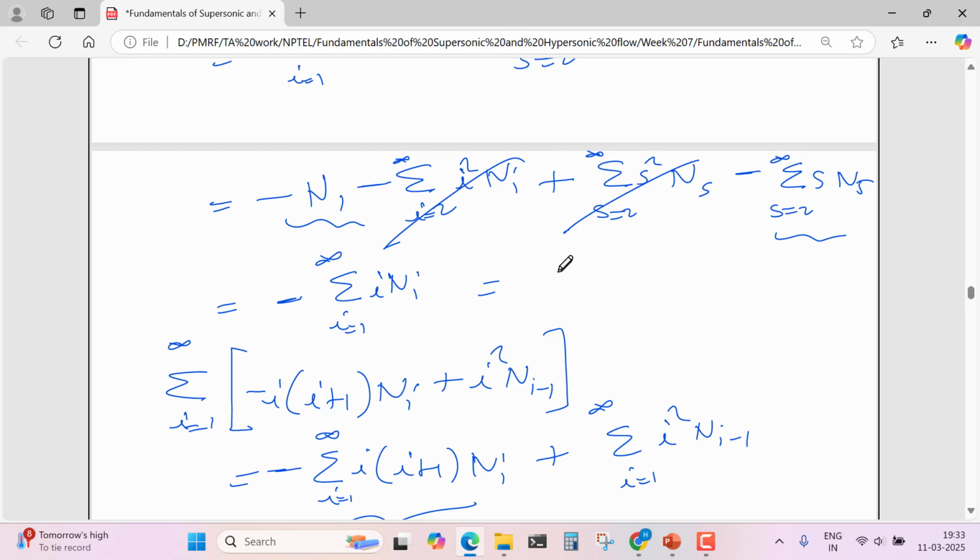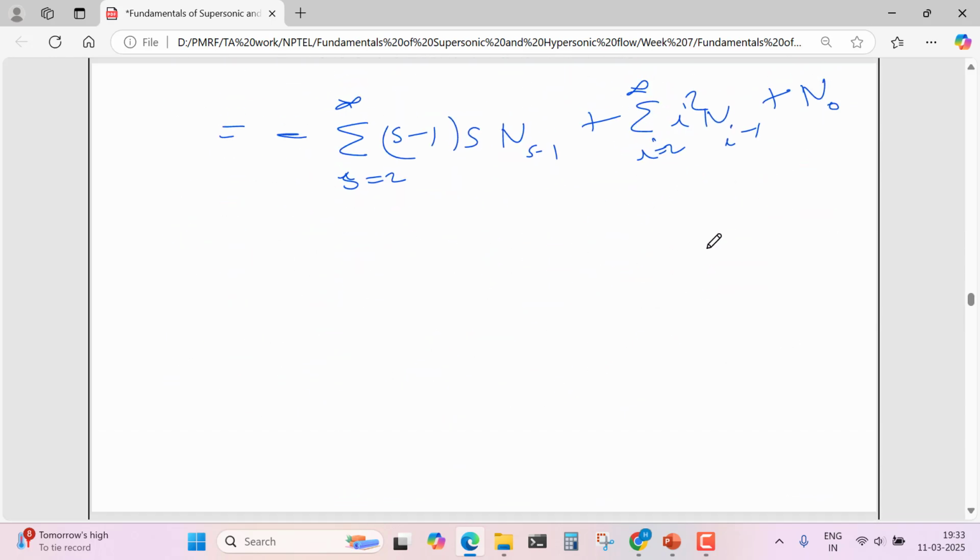So if we write it, sigma i equal to 0 to infinity i n_i. It does not matter if i equal to 0, this term will be 0 only. But here we are getting into it, that's why I will trim it.